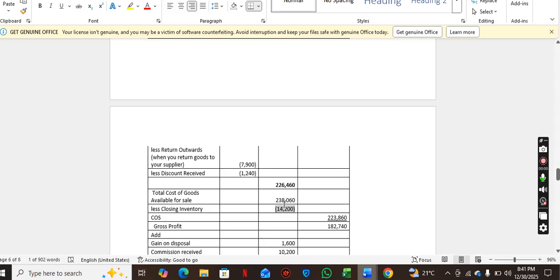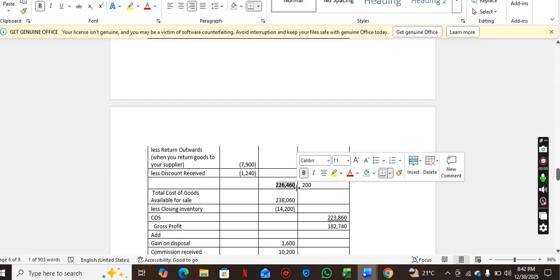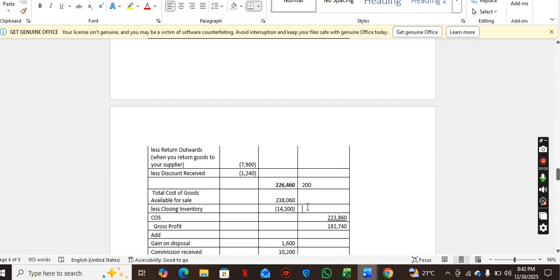Okay. Or maybe let me put it like this, because 100 and 200, I want you to really visualize this. Let's say you had 200 goods worth 238,060, and you remain with 50 goods worth 14,200.